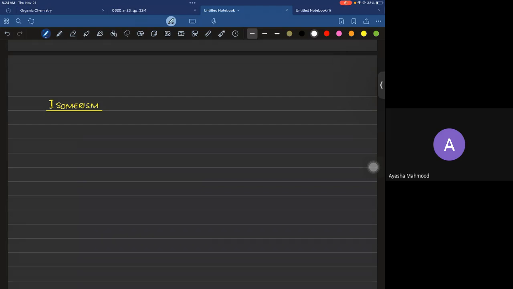They are the same atoms, but they have the same number of protons and a different number of neutrons. And if you remember, I told you that the chemical properties of isotopes are the same, but the physical properties are different.